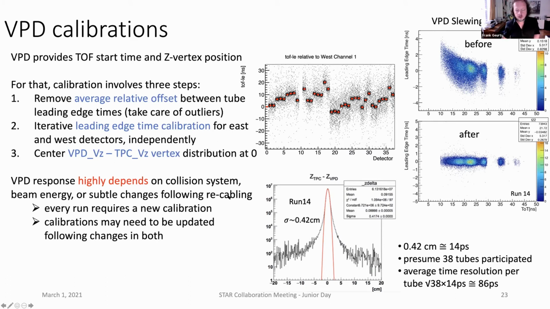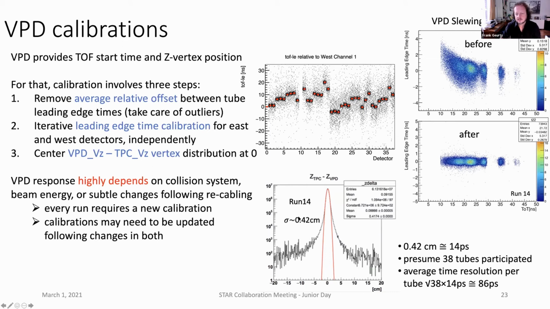And then you need to make it such that the VPD timing between east and west agrees, such that if you look at the TPC vertex, the difference is at 0. That's basically just a T0 correction that's being applied.